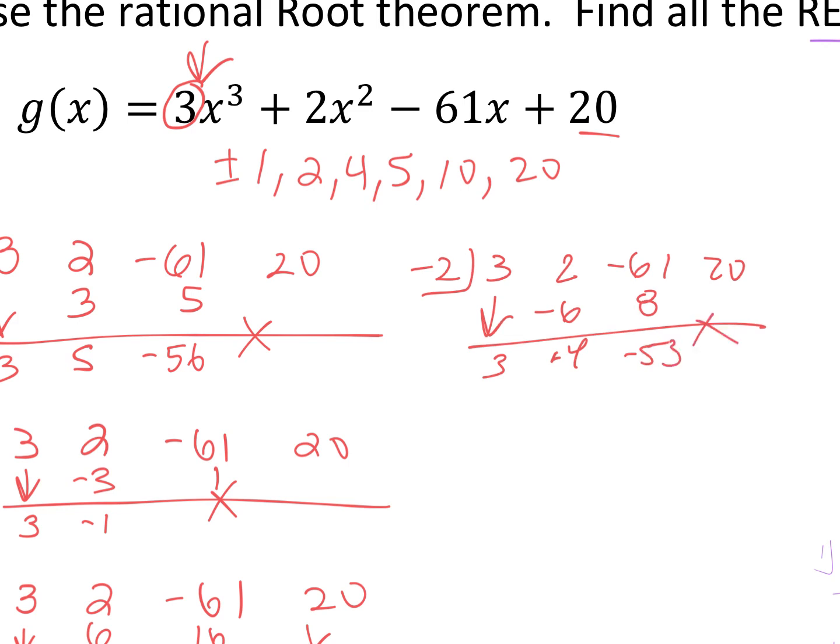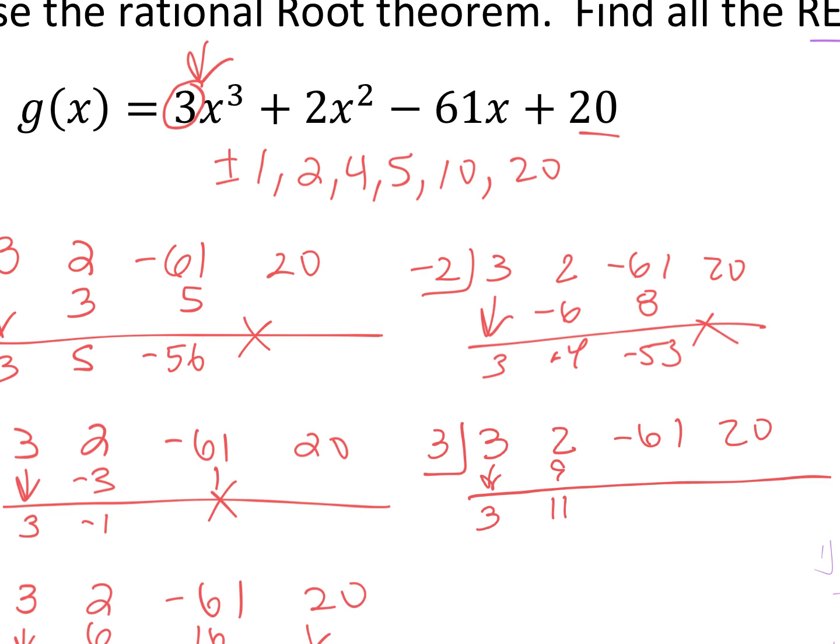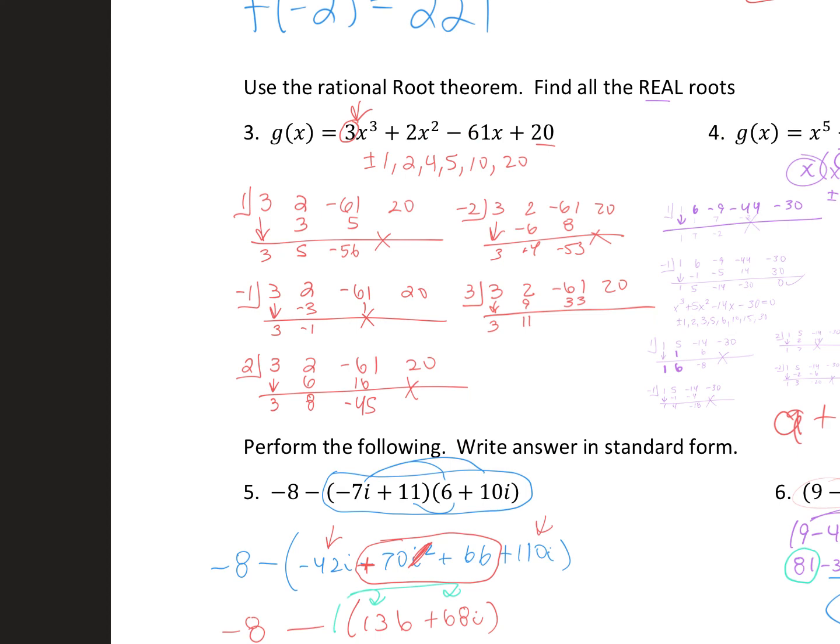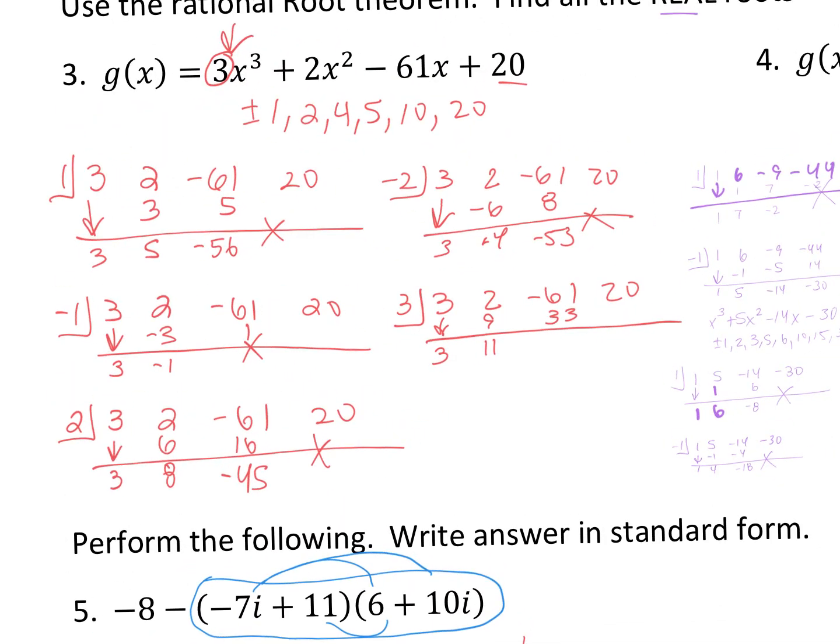All right, so let's try 3. So we have 3, 2, negative 61, and 20. So bring down the 3. 3 times 3 is 9. 9 plus 2 is 11. 11 times 3 is 33. This one's not going to work.